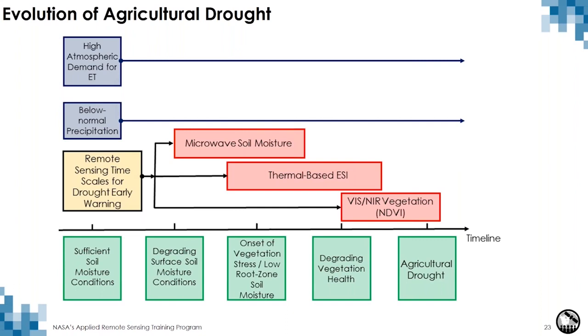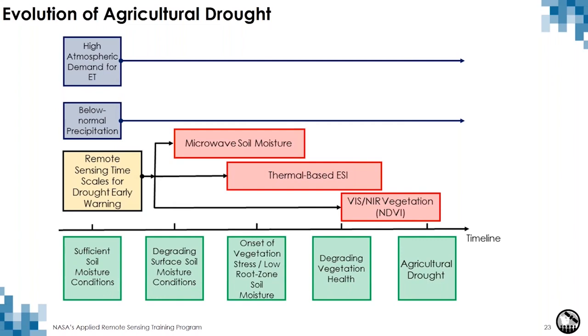This is kind of how the atmosphere and some of the remote sensing timescales for drought early warning go hand in hand. As you see at the top, usually the precursors of drought are either one or both of these two real atmospheric drivers. High atmospheric demand. So atmospheric demand is the thirst, all those controls we talked about before, temperature, wind, moisture.